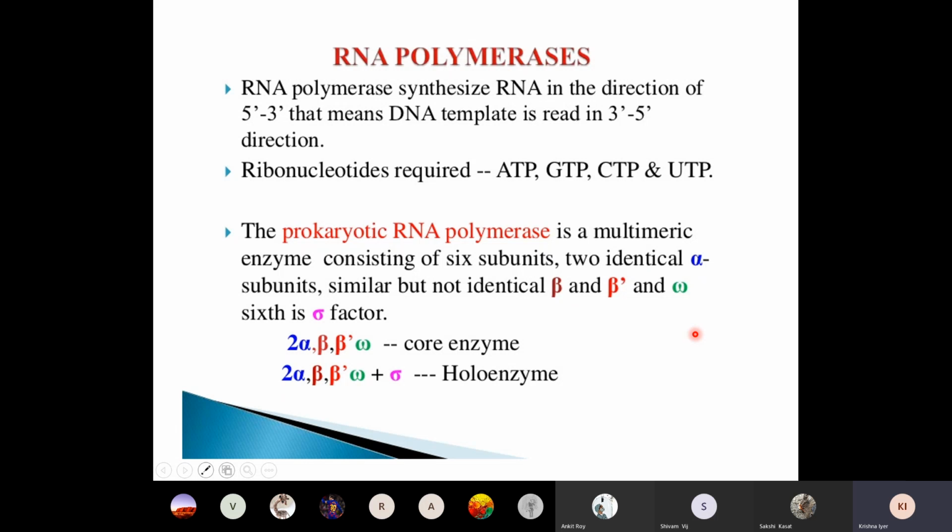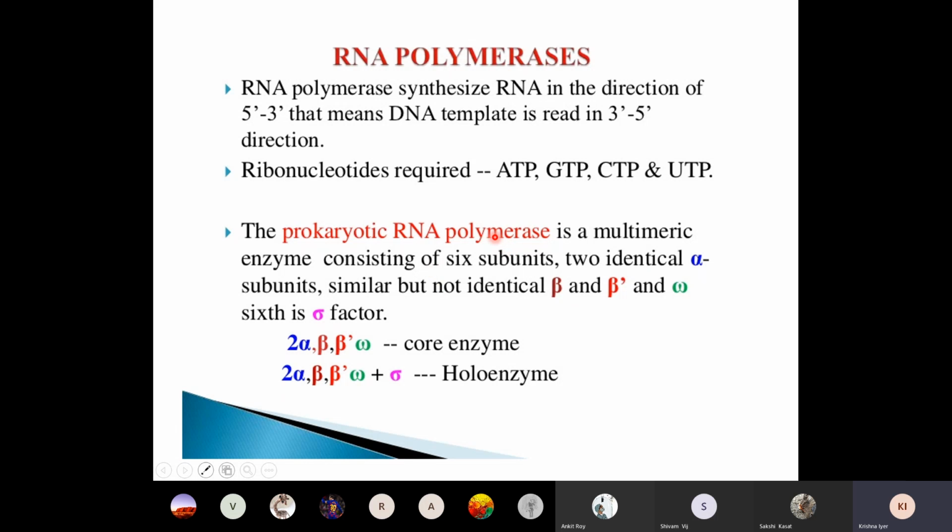Now to make this polymer, what we need, rather than deoxy NTPs, is regular NTPs: ATP, GTP, CTP, and UTP. Now, the prokaryotic RNA polymerase is made up of multiple units.